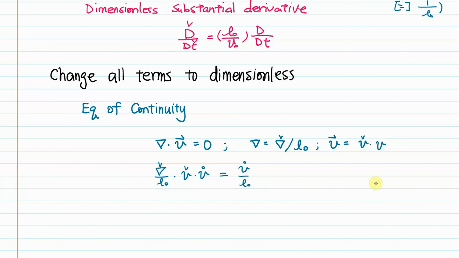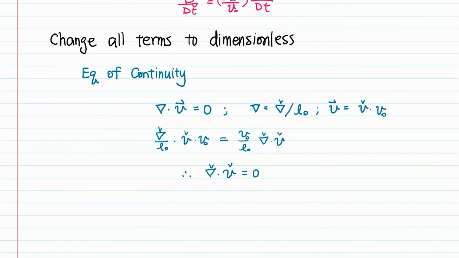Sorry, this naught should be a subscript. Times the dimensionless gradient dot product with the dimensionless velocity. Okay, so we still have the conclusion that the equation of continuity in its dimensionless form is the dimensionless gradient operator dot product with the dimensionless velocity equals 0. Okay, so that's the equation of continuity.